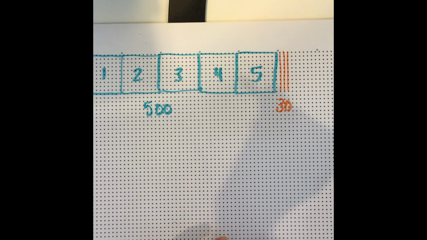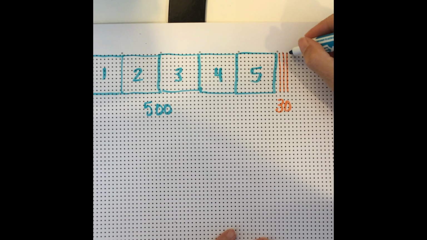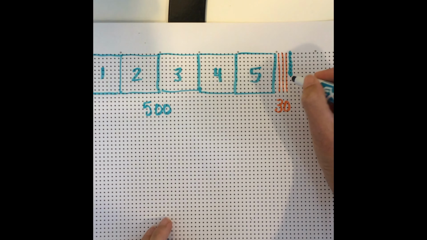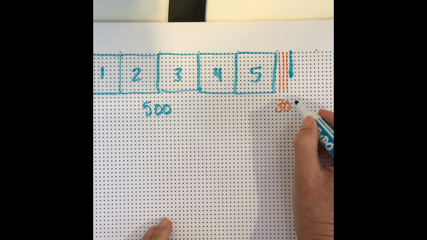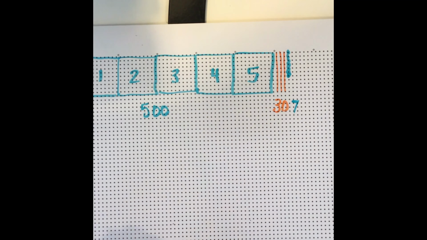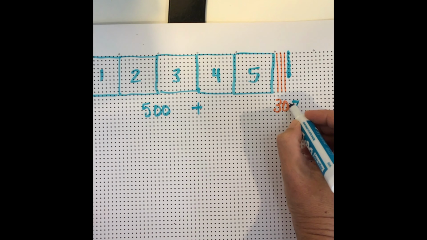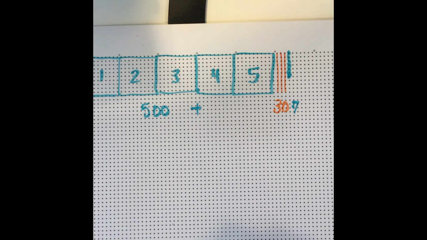And then there are some 1s. Now they circle their 1s like this. 1, 2, 3, 4, 5, 6, 7. Okay, so that's 7 1s. So we've got 500 plus 30 plus 7.